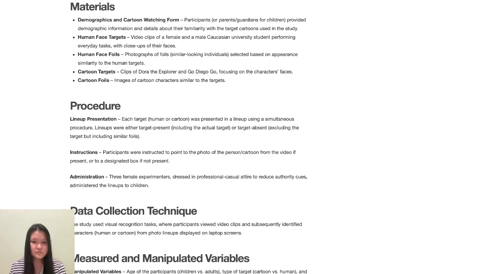Okay, so basically they prepared video clips and photographs, and the researchers prepared a target present lineup and a target absent lineup. So that each participant would watch 4 videos in total, I think, and these videos were presented in a random order, and each video was followed up by a lineup task.